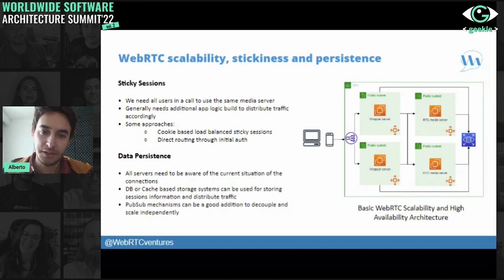And the data persistence, I mentioned it also a bit, is basically needed to make sure we can recover. So if a specific wrapper goes down, we should be able to spin up a new one and be able to use that, and that's what is achieved with a scalable database solution.